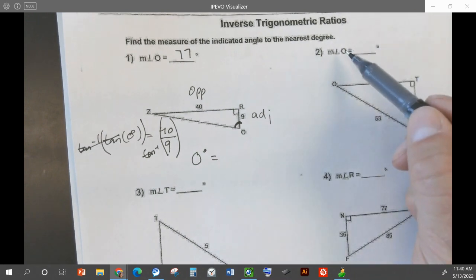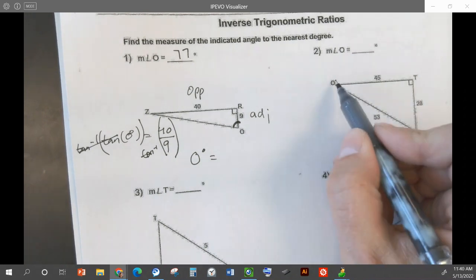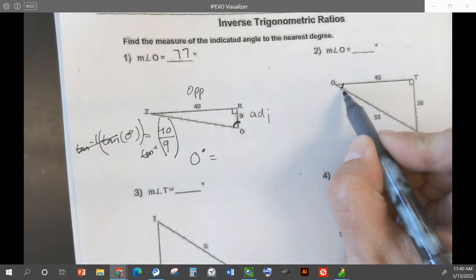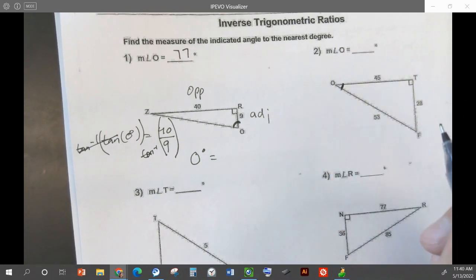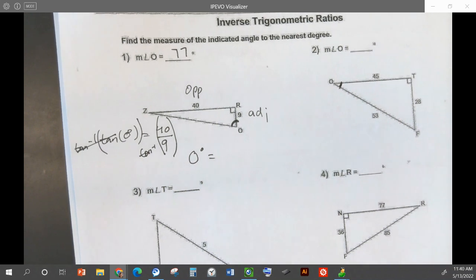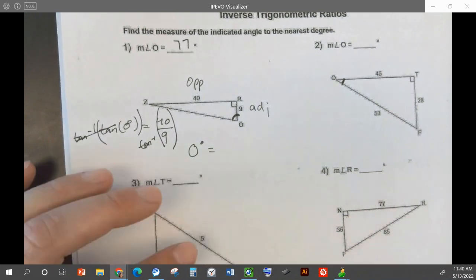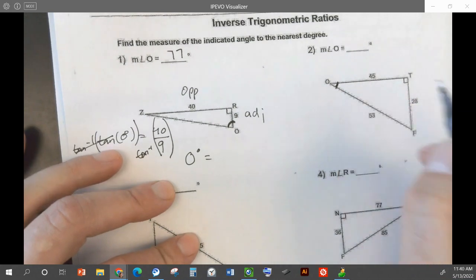So we're still looking for measure of angle O. O is here. This is measure of angle O. Then we get to pick what trig function we use. So does anyone have a favorite trig function? What one do you want to use? Tangent? Okay, tangent is a good one.